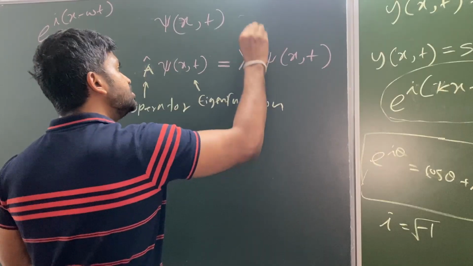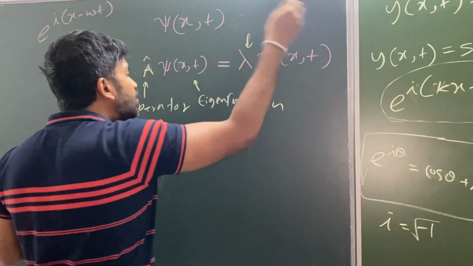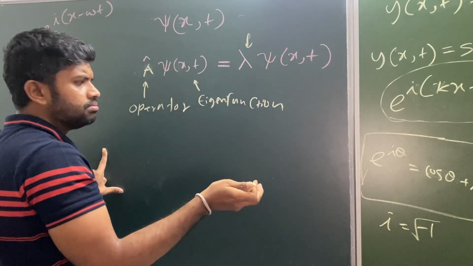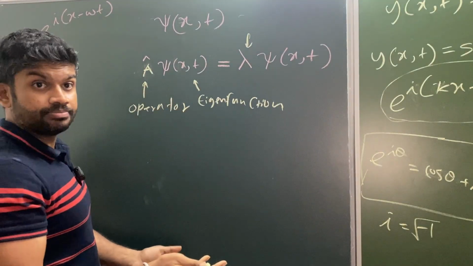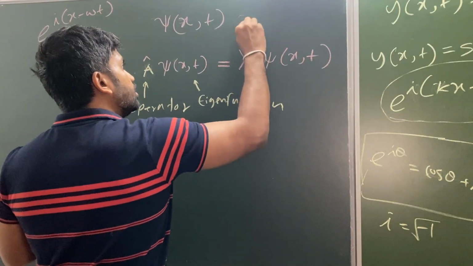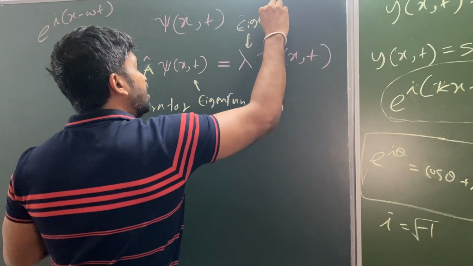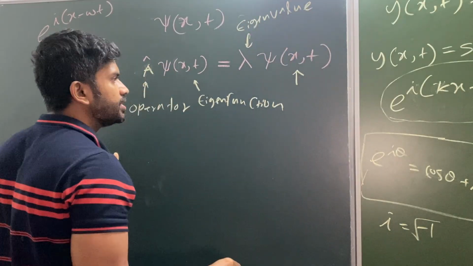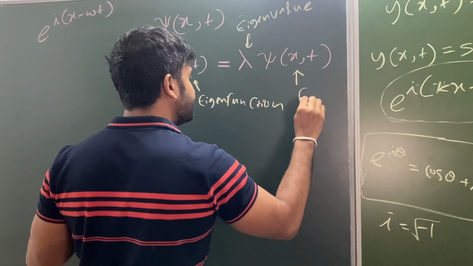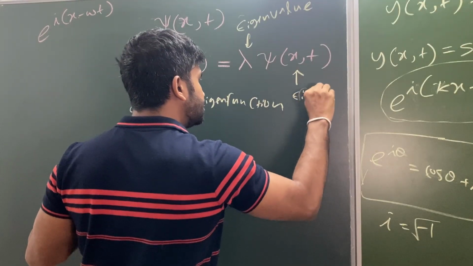Lambda is called the eigenvalue. It's a scalar value, just the magnitude for whatever the operator is, right? So this is the eigenvalue, and this is again the function itself, and this is the eigenfunction.